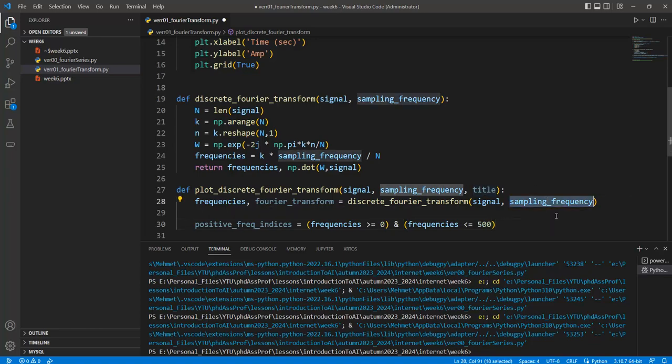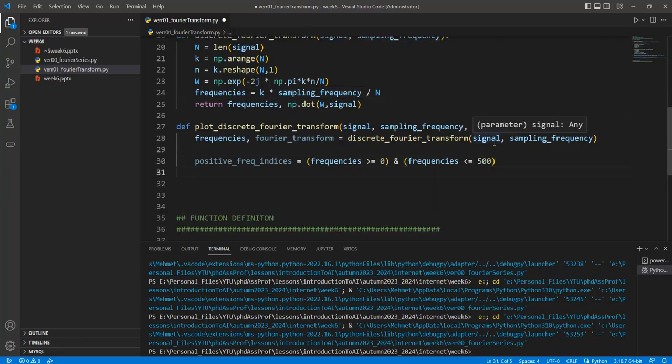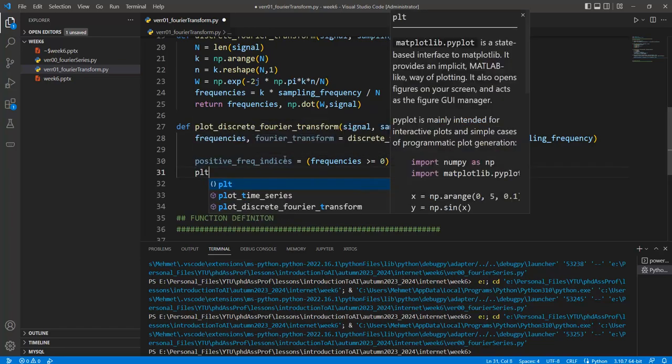If we choose the sampling frequency 1000, the upper limit of this frequency is half of 1000, which means 500. Nyquist theorem, right? Do you remember that, the Nyquist theorem? Okay. Don't worry about that. It's not our concern in this lesson.